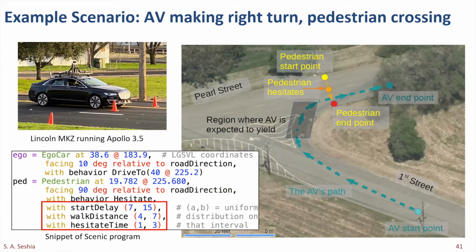Okay, so then we ran falsification and simulation in the LGSVL simulator, and we found lots of counterexamples. We did an analysis on the counterexamples and then used that to select test cases that we thought would be good test cases to run on the road. And these are test cases where we use the robustness value of the temporal logic property, the MTL property, to find out where the behavior was at the boundary of safe and unsafe, for example, or whether it was robustly safe or robustly unsafe.